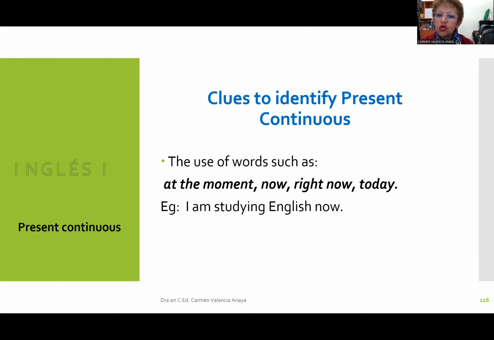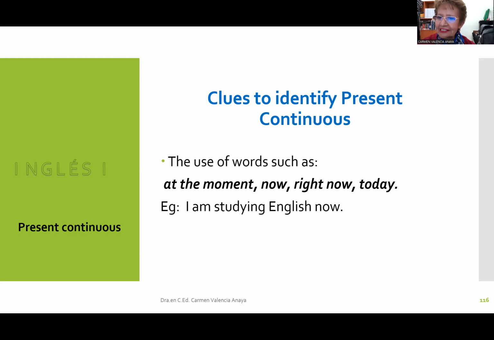Now, we will work with present continuous. The present continuous is the action that you are doing in this moment, right now. For example, in this kind of tense, you're going to use time expressions such as at the moment, now, right now, today. For example, I'm studying English now.